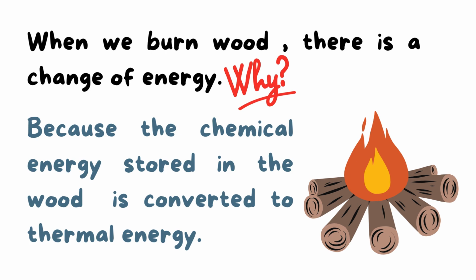So in the human body, the chemical energy stored in the plant changes into kinetic energy in our bodies, and in the example of heating or burning wood, the chemical energy stored in the wood is converted into thermal energy.